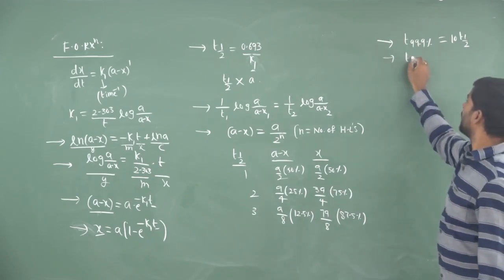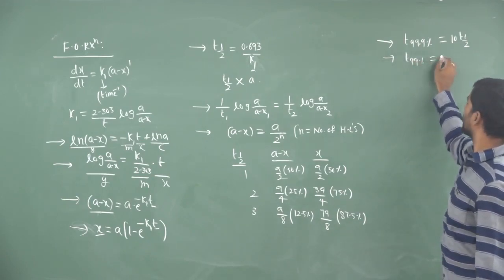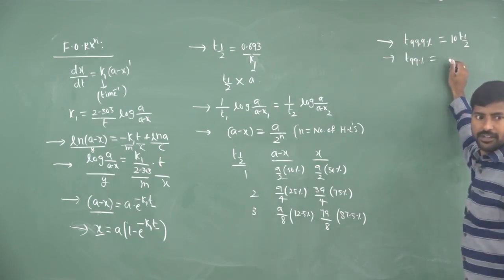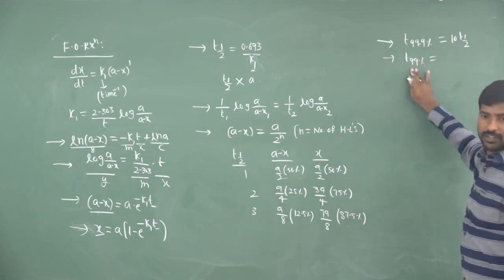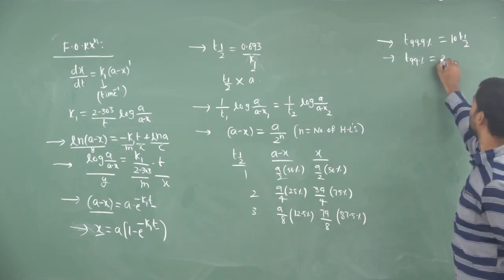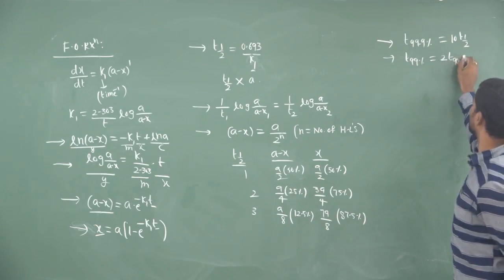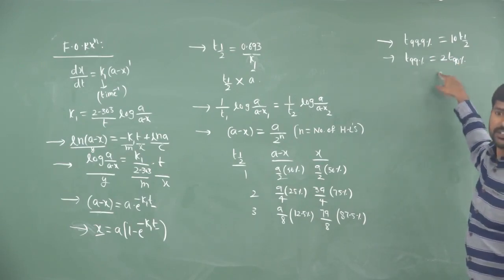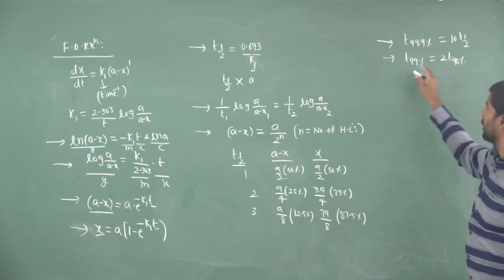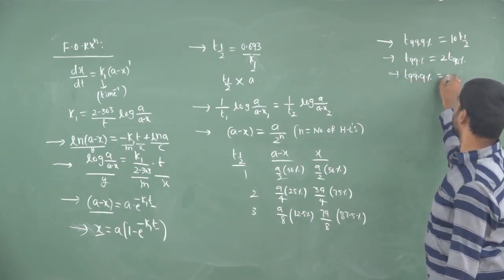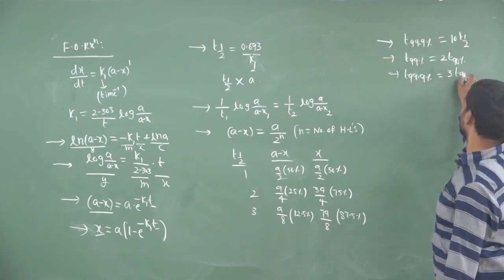For 99% completion of a first order reaction, what is the relation between the time required to complete 99% and 90%? T99% is 2 times T90%. If you take 99.9%, we get 3 times T90. For 99.99%, 4 times T90, and so on.